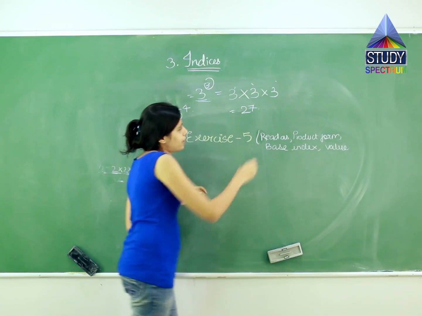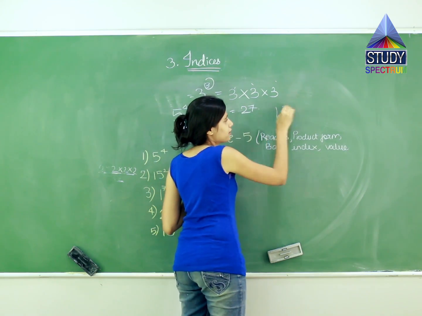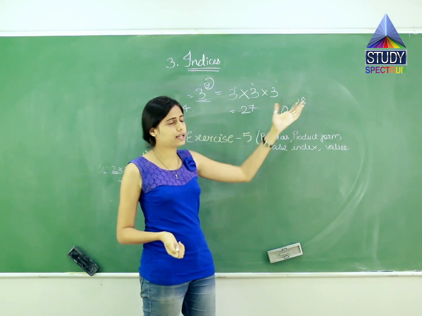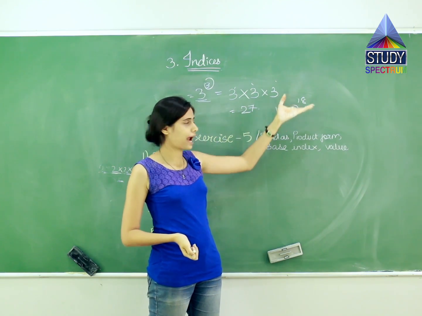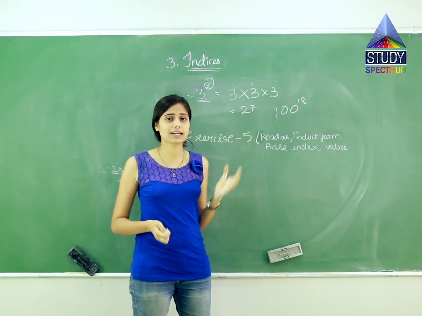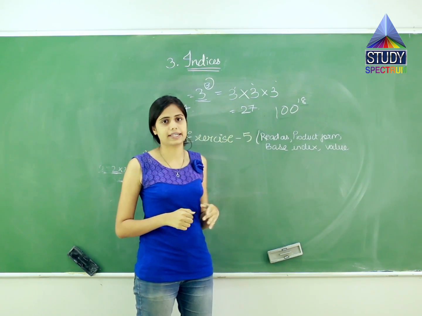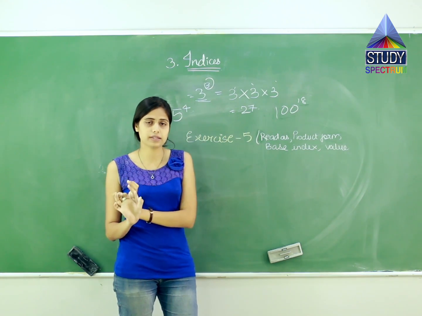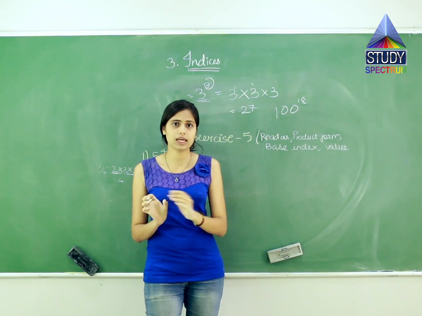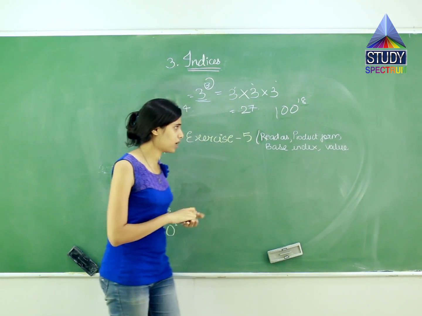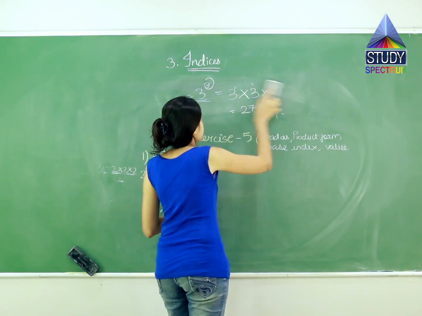Let us take 100 raised to 18, with 100 in the base and 18 in the index. We read this as 100 raised to 18. Simply, the number in the base should be read individually, and the number in the index form will be read with raised to.